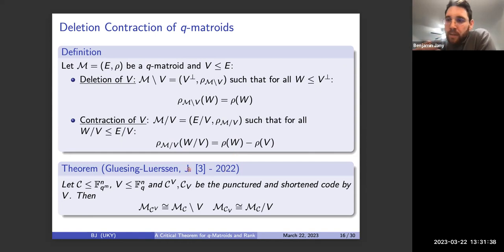And similarly to matroids, this notion of deletion and contraction of q-matroids behaves really nicely with the notion of puncturing and shortening of rank metric codes. So we once again have this really nice connection between q-matroids and rank metric codes.